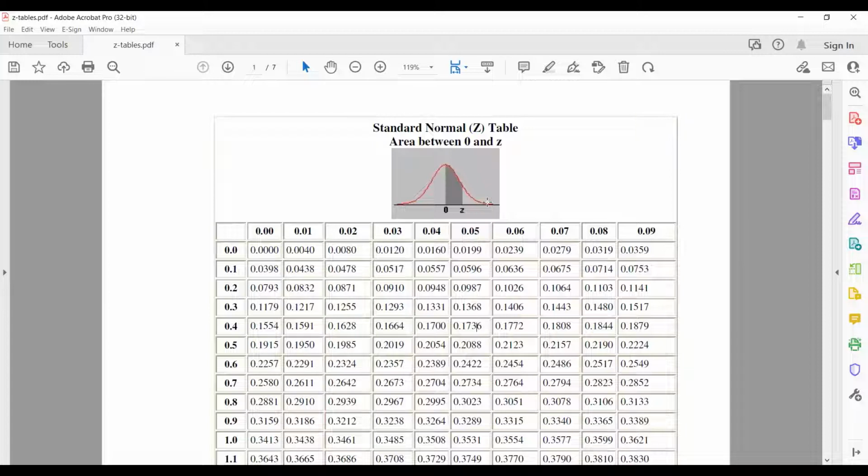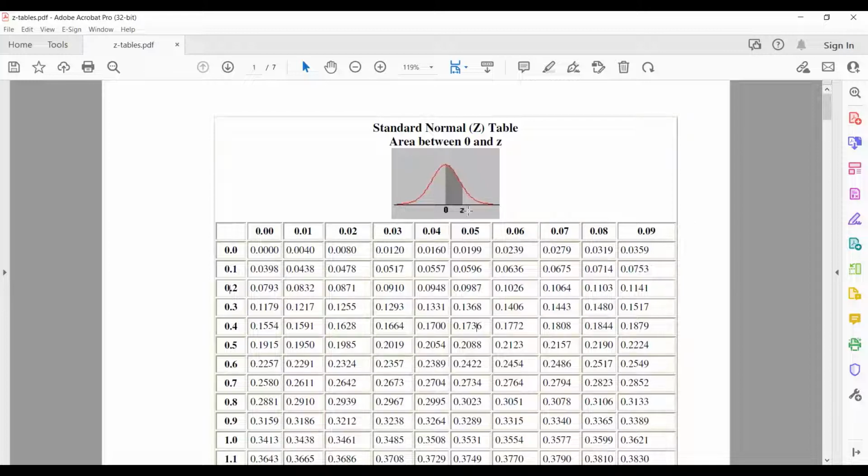And to get this area, we have to use the fact that the area under this standard normal curve is equal to 1. The total area under the whole curve is 1, and half of that obviously is 0.5. And this curve is symmetric about the vertical axis. So the area between 0 and positive infinity under this curve is equal to 0.5.